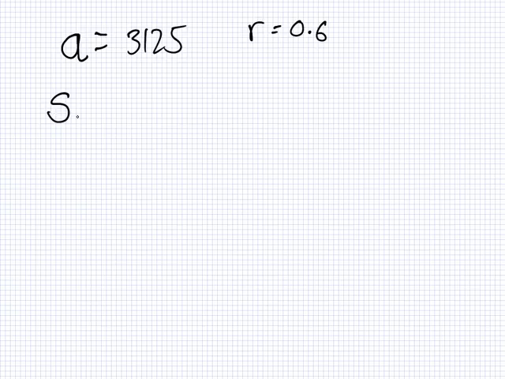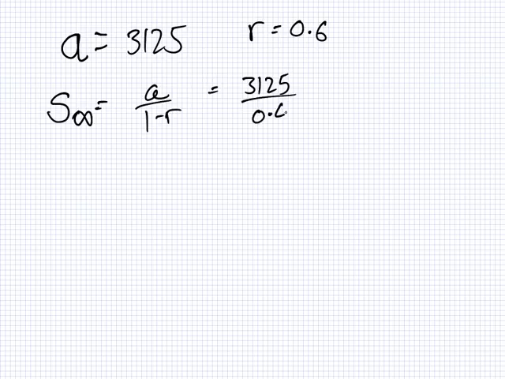What is the A in the geometric sequence? 3125. And the OR? 0.6, like this, yeah. So S infinity is A over 1 minus OR, which is 3125 over 0.4.